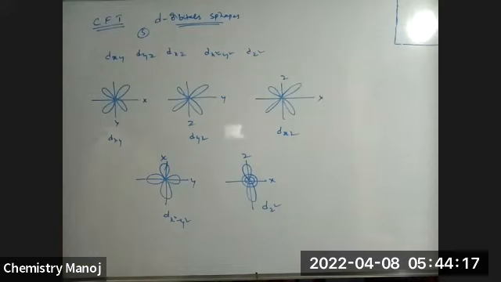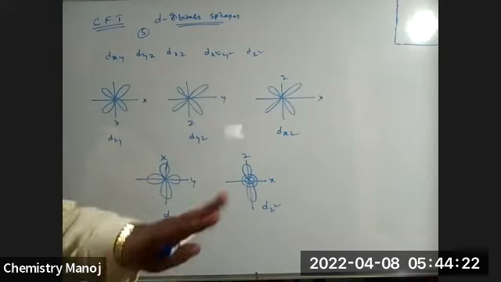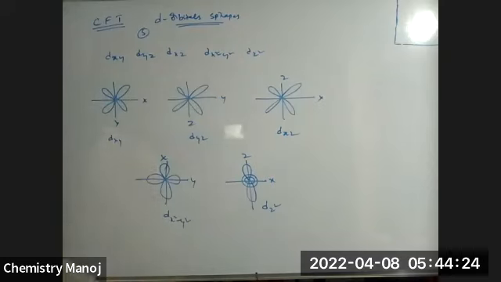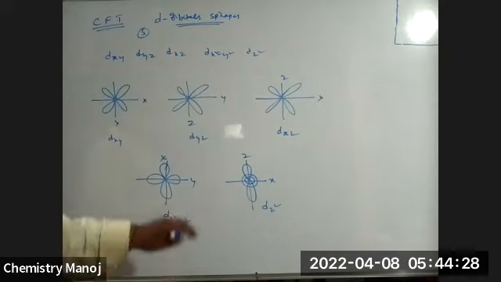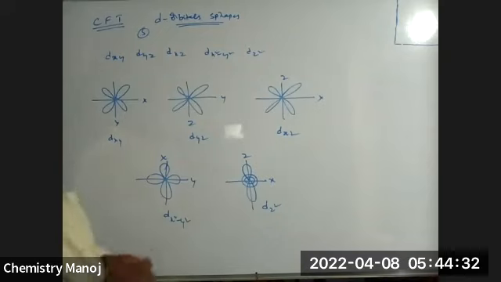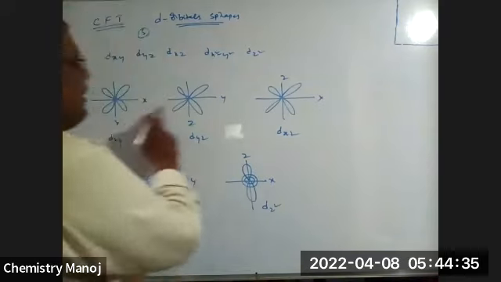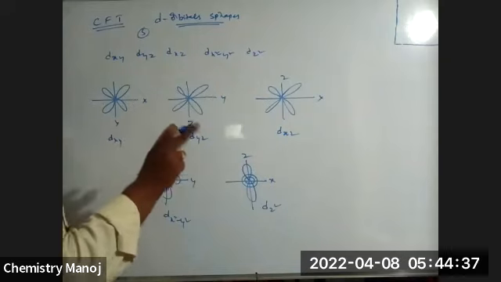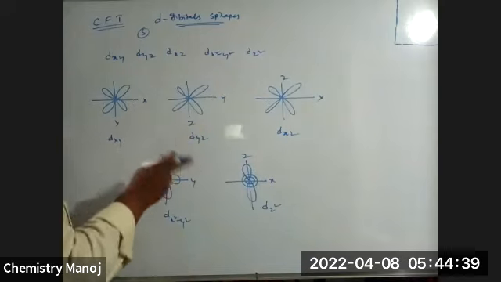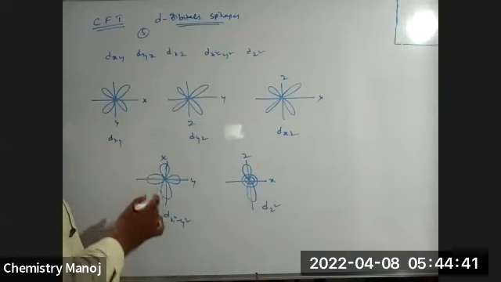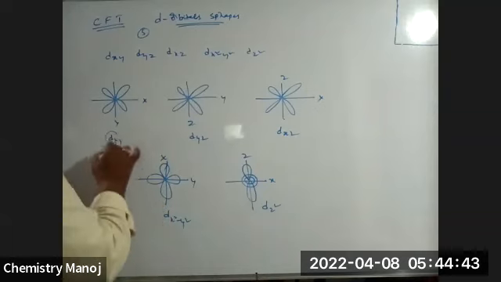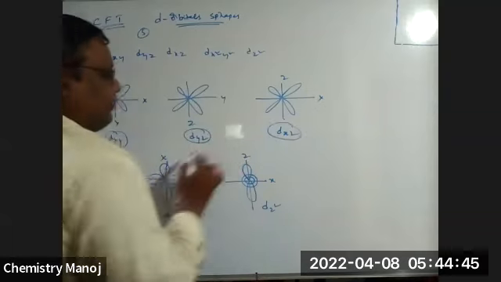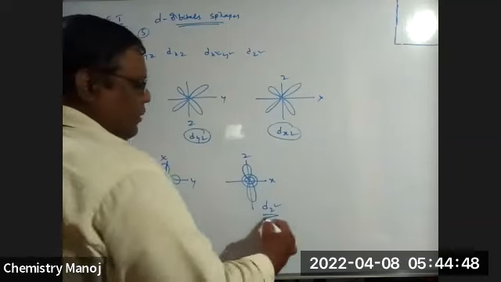Now, all these five d orbitals have the same energy, and that is why they are considered degenerate orbitals. But because of the variation in the electron density along the axes and between the axes, they split: these three orbitals having the same energy, and these two orbitals having the same energy.